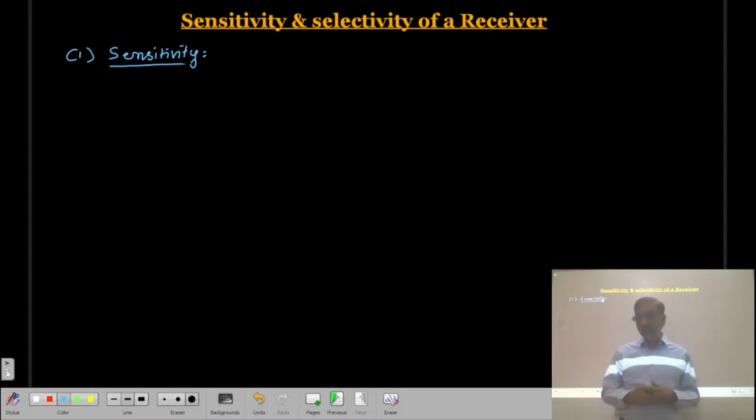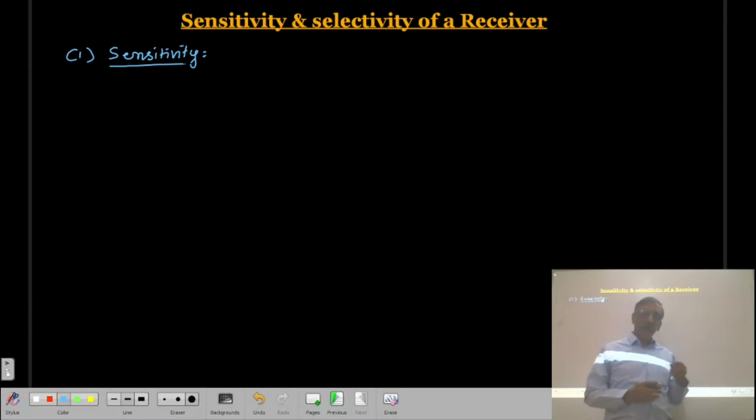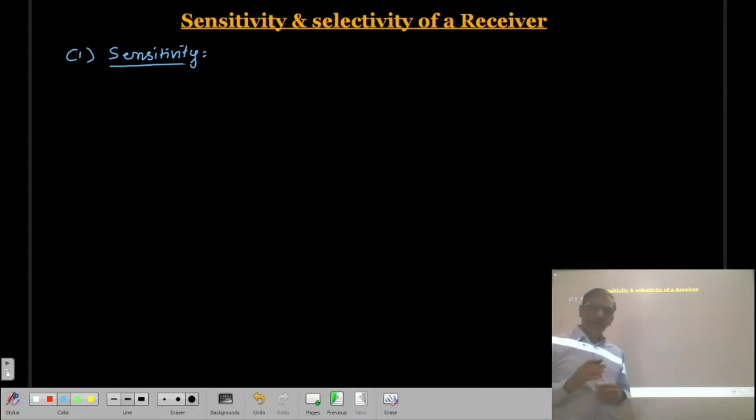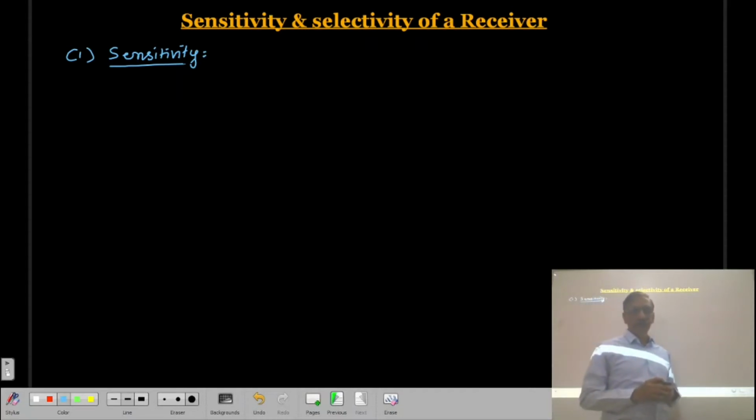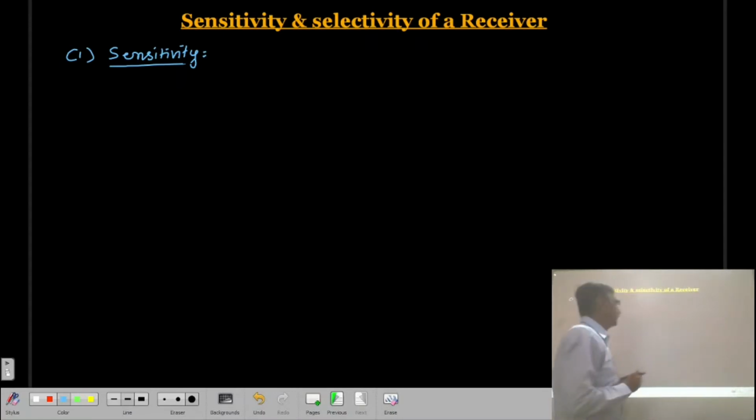But if the signal is weak, then the receiver is not able to produce the output. You are not able to receive the information. So here, the minimum input signal required to receive the information is called the sensitivity. So the sensitivity represents the ability of the receiver to amplify the weak signal.